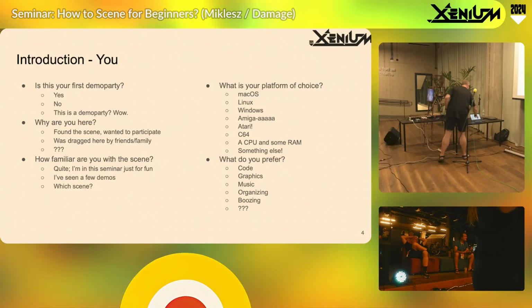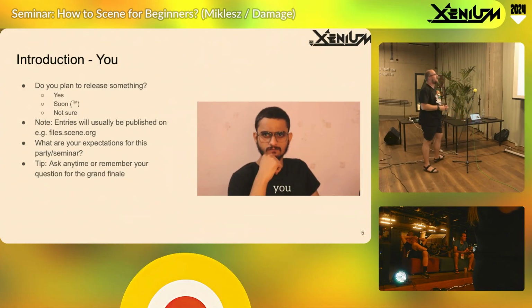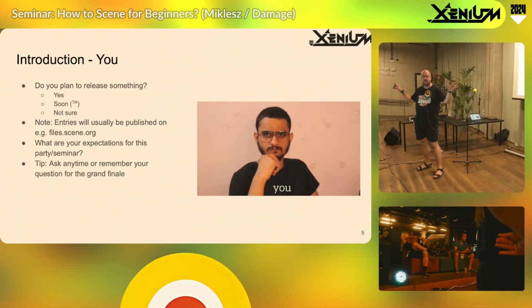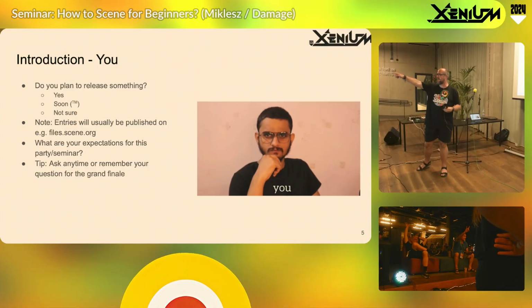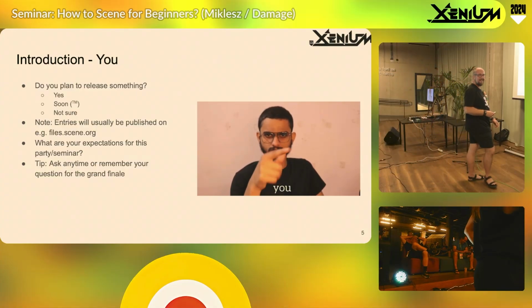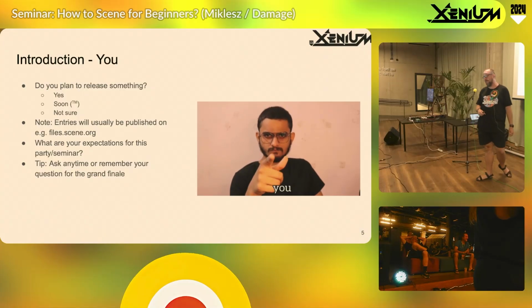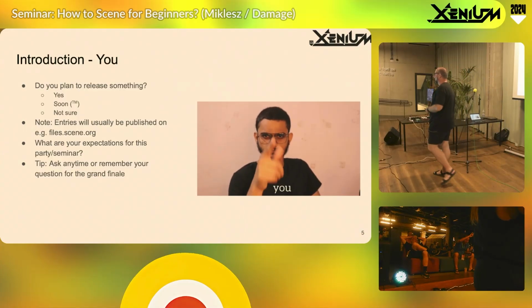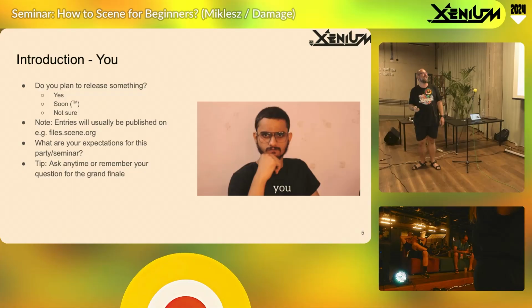Okay, let's go next. The next question is, are you going to release anything? How many of you are going to release anything? 1, 2, 3, 4. Yeah, many hands up. That's great. Yeah, next year. Well, everyone will release something next year. That's obvious. Yeah, that's right. Okay.